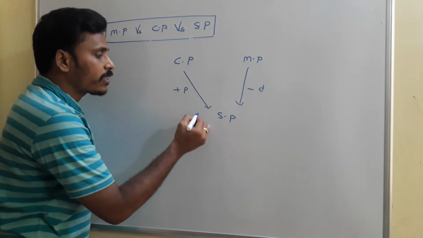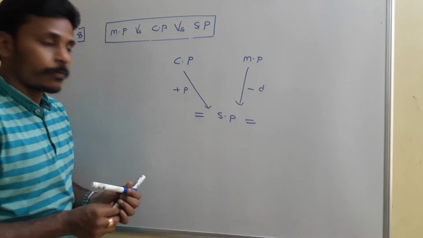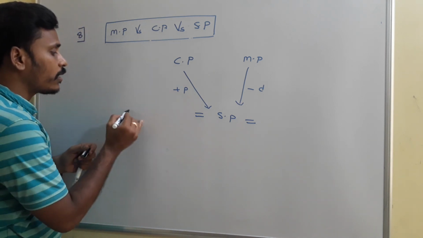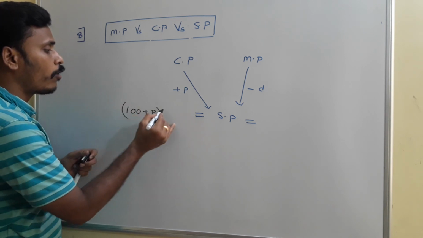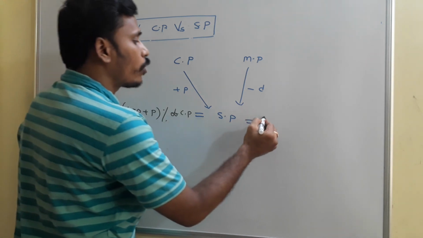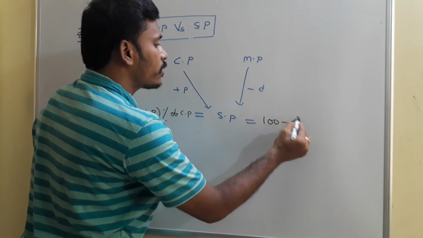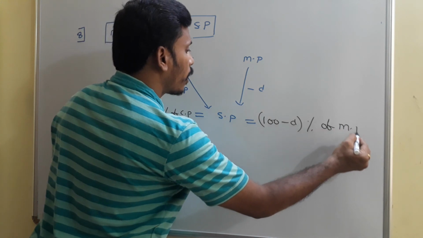So selling price can be formulated in two different ways. From the side of cost price, selling price is 100 plus profit percent of cost price, and from the side of discount, selling price is 100 minus D percent of market price.